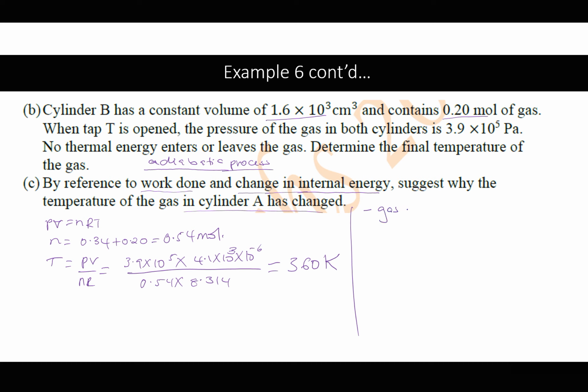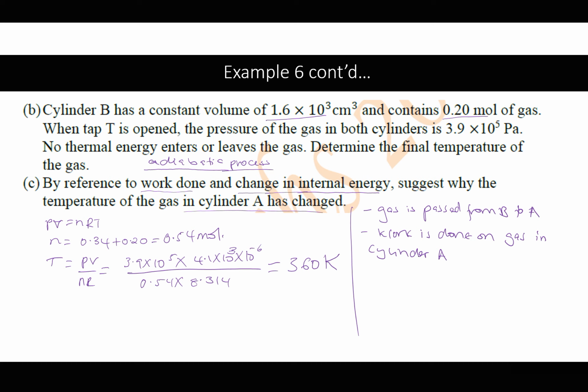Gas is passed from cylinder B to cylinder A. When the gas is passed from cylinder B to cylinder A, because B is at high pressure, it means work is done on the gas in cylinder A.